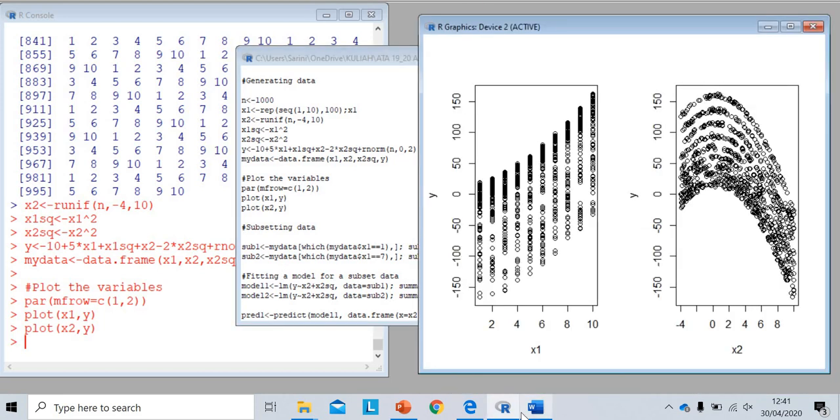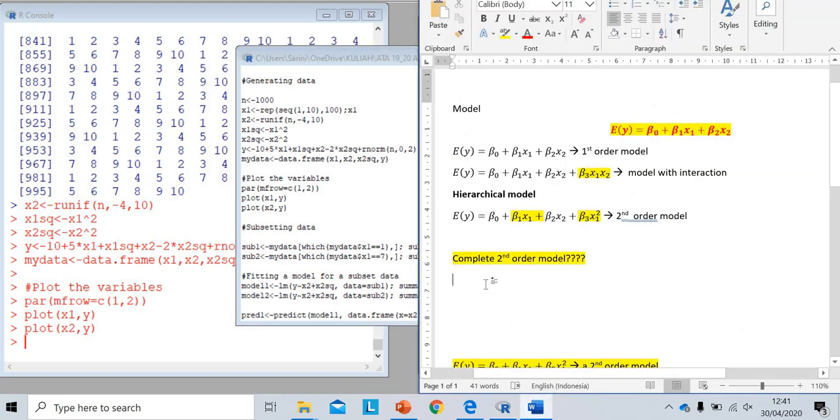Now what do we mean by complete second order model is that, for example, like this, you have x1 plus x2, and then you have x1 squared, and then you have x2 squared.